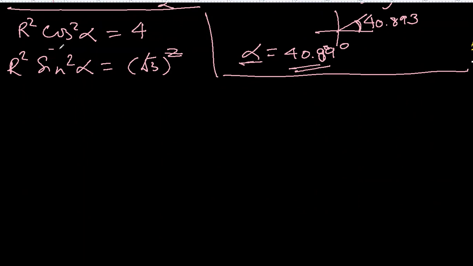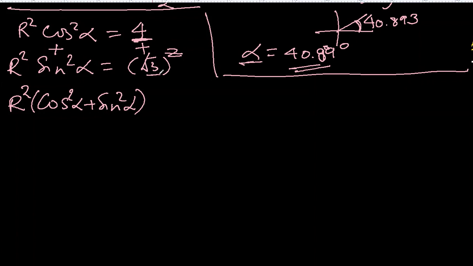So here we will add the left side to the left side and right side to the right side. What do we get here? Both of them have r square, so I am taking that as common, and we will be left with cos square alpha plus sine square alpha from here. Here we have 4 and this becomes 3. 4 plus 3 is 7.